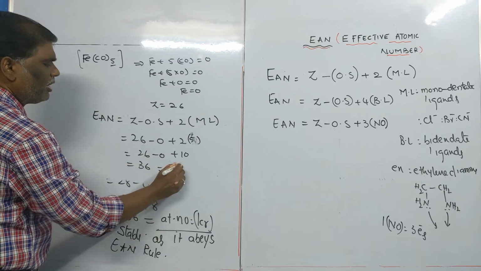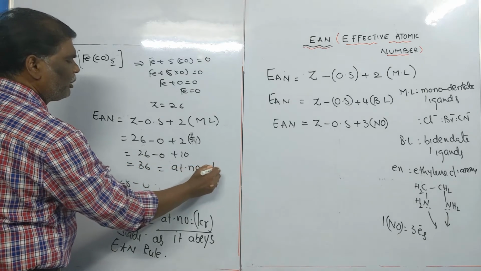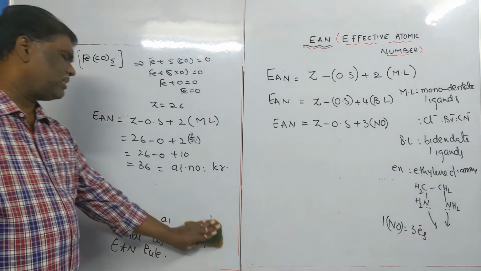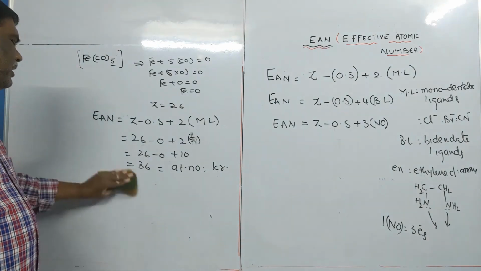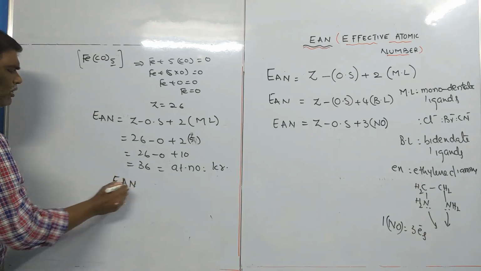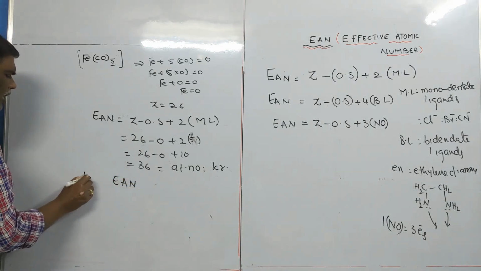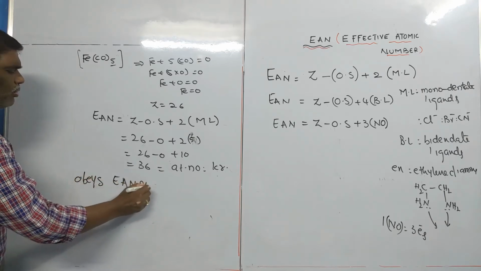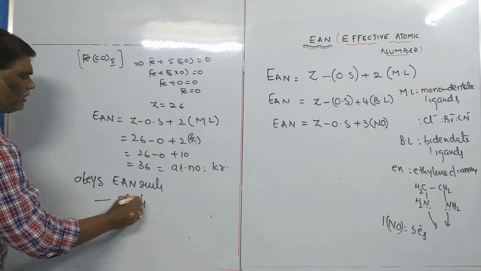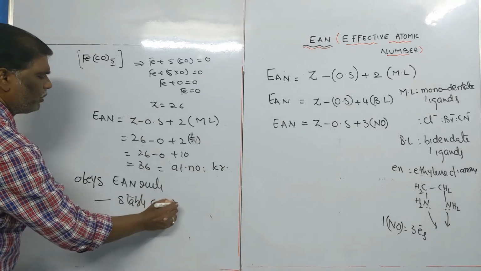This is the atomic number of krypton. Thus it has stability and obeys the EAN rule. So the comment is: this is a stable compound.